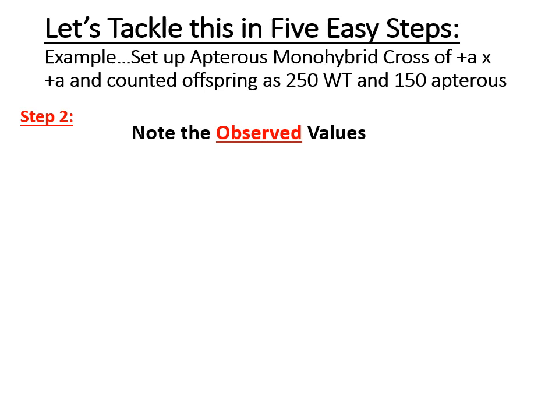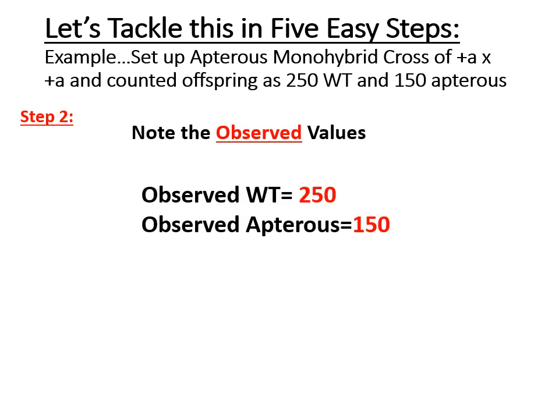In our problem, we have 2 phenotypes, wild type and apterous. The observed numbers are right in the question itself. The observed number of wild type from this cross is 250. The observed number of apterous is 150. Nice and easy step.